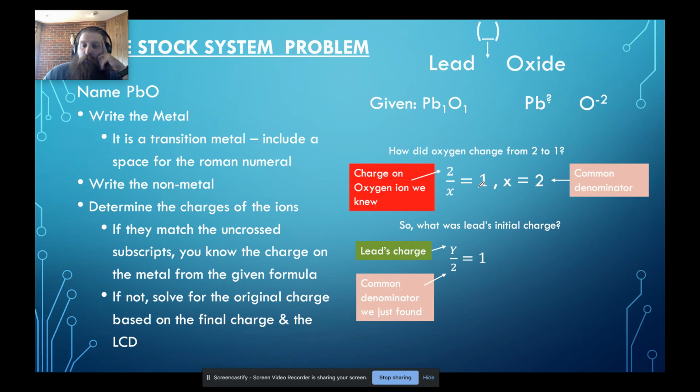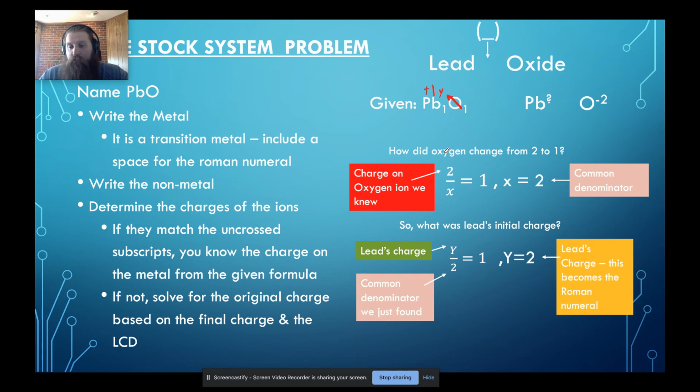So we're going to call the charge on lead Y. Y divided by 2 must also equal 1, because when we uncrossed it, we got +1. So 2 divided by 2 is 1. So that charge becomes the Roman numeral. So my final answer would be lead(II) oxide.